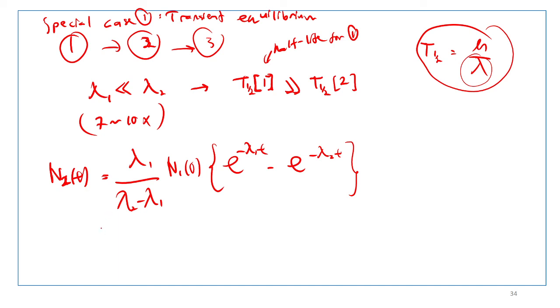So this can be approximated, as lambda 2 is bigger than lambda 1, meaning that this term can be considered nearly equal to 0. So we can neglect the second term, leaving us with lambda 1 over lambda 2 minus lambda 1 and N1(0) exponential minus lambda 1 t.